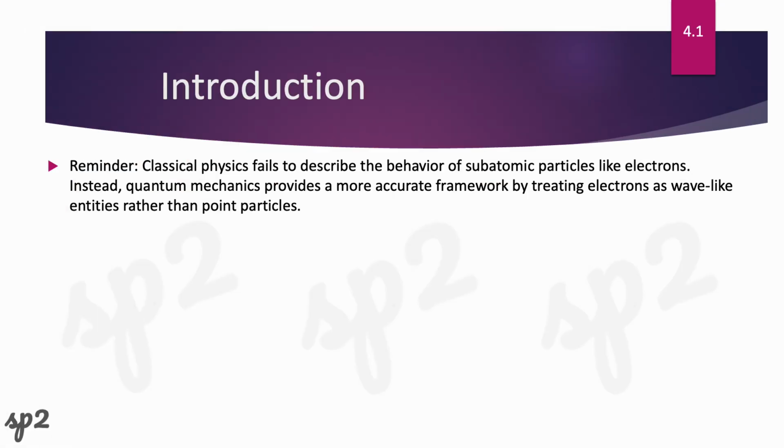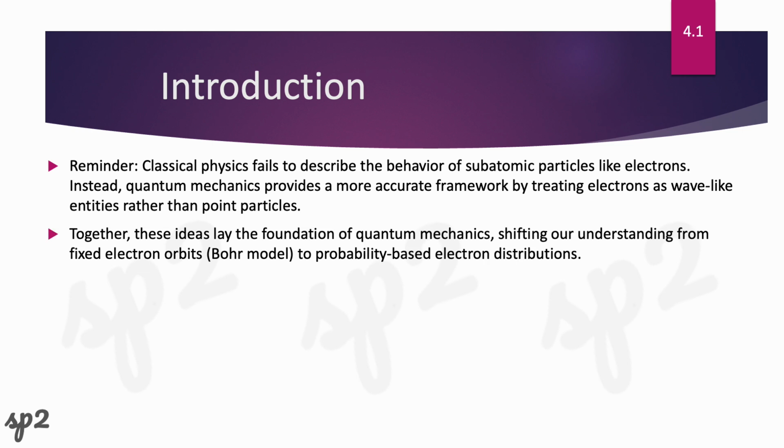Okay, so just a quick reminder. Remember we said our classical physics failed to describe the behavior of subatomic particles like electrons. Instead, we're going to be looking at the quantum mechanical model, which is providing a much better and more accurate framework by treating the electrons as wave-like entities, rather than just point particles.